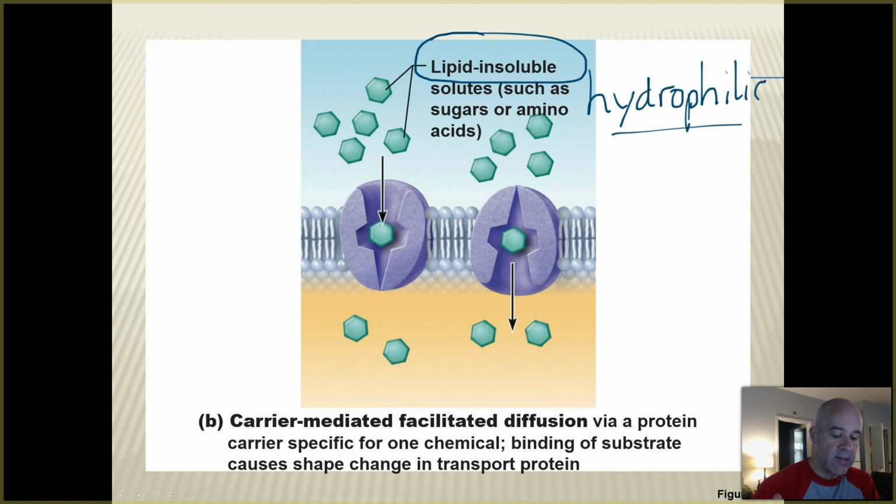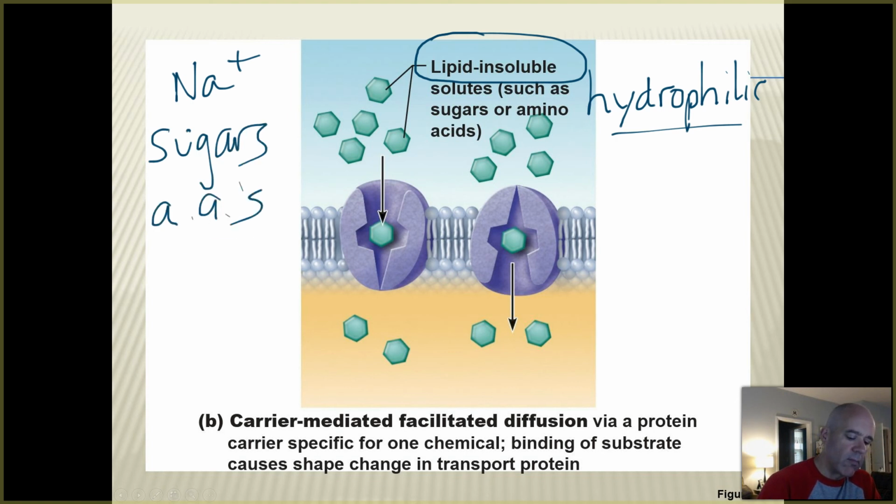Smaller ones, things like sodium ions, potassium ions, sugars, amino acids, small hydrophilic solutes like that, can get across cell membranes through these carrier and channel proteins that we were talking about.